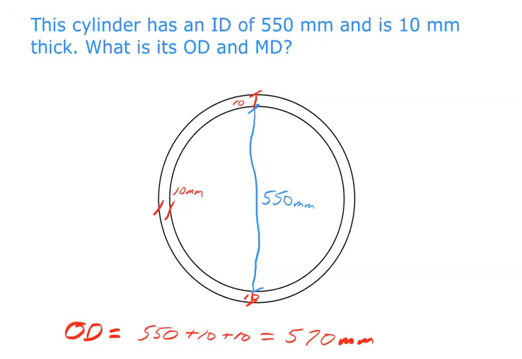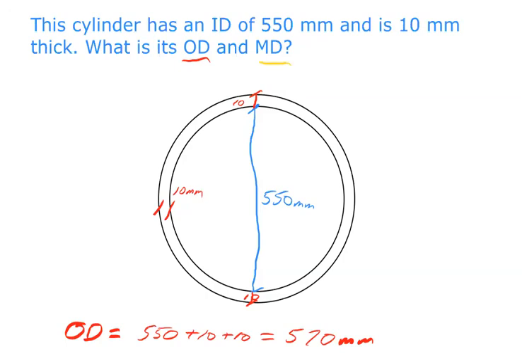So what do you think the mean diameter is going to be? Mean, once again, is average or middle of something. So now I just want to go from the inside diameter to the middle and inside diameter to the middle. Well, if I just add one thickness in instead of two like I did for the outside diameter, that gives me the mean diameter.